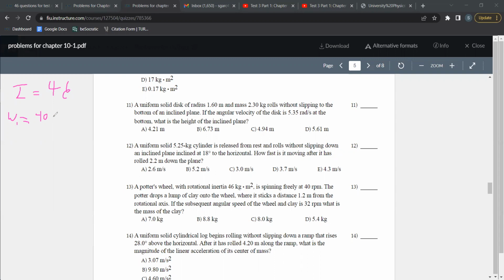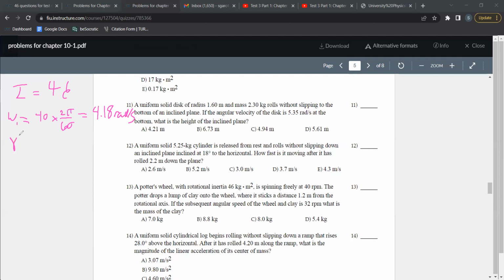So firstly, we want to take this 40, multiply it times 2 pi over 60, because it's a minute. And that'll give us 4.18 rad per second. Now that we have that, we can sort of get started.